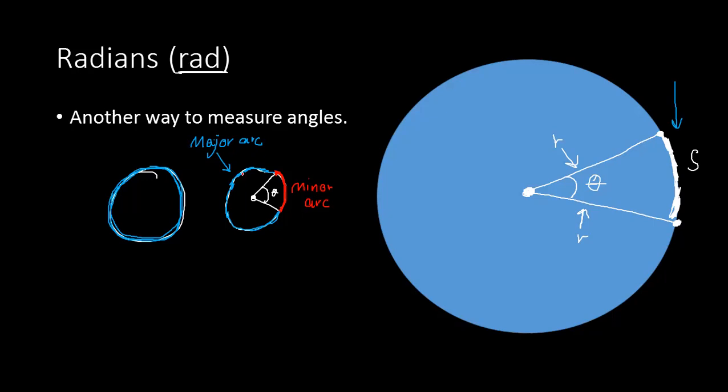For the major arc, it's the rest of the curve that is not being intercepted by the central angle. Then we have the red one, which is the arc that is intercepted by the central angle. So this thickened part of the arc here is the minor arc. All right. But to avoid confusion, we would rather just simply describe it as arc, much better.